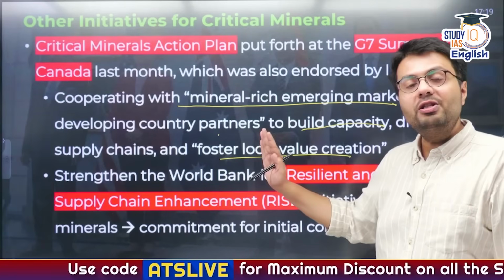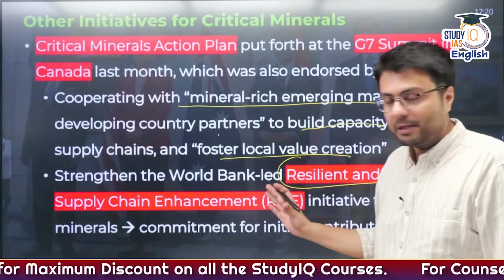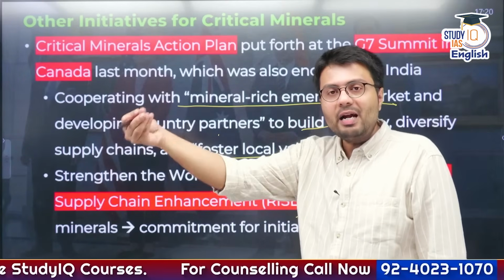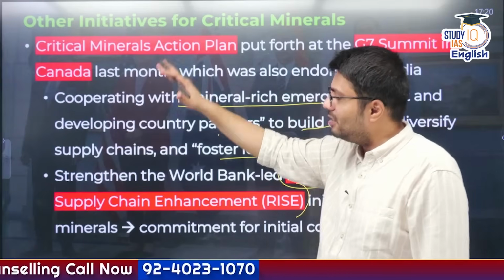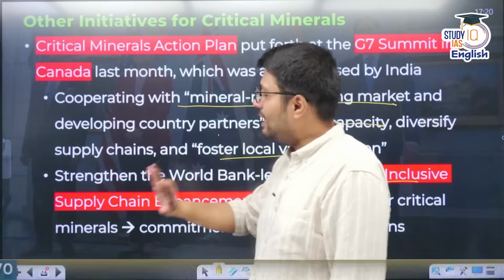Similarly, there's also an initiative by the World Bank known as Resilience and Inclusive Supply Chain Enhancement. Using this fund, the World Bank will provide loans to other countries so that they can also set up their supply chain of critical minerals. Now, G7 countries agreed to provide funding through this World Bank initiative, right?